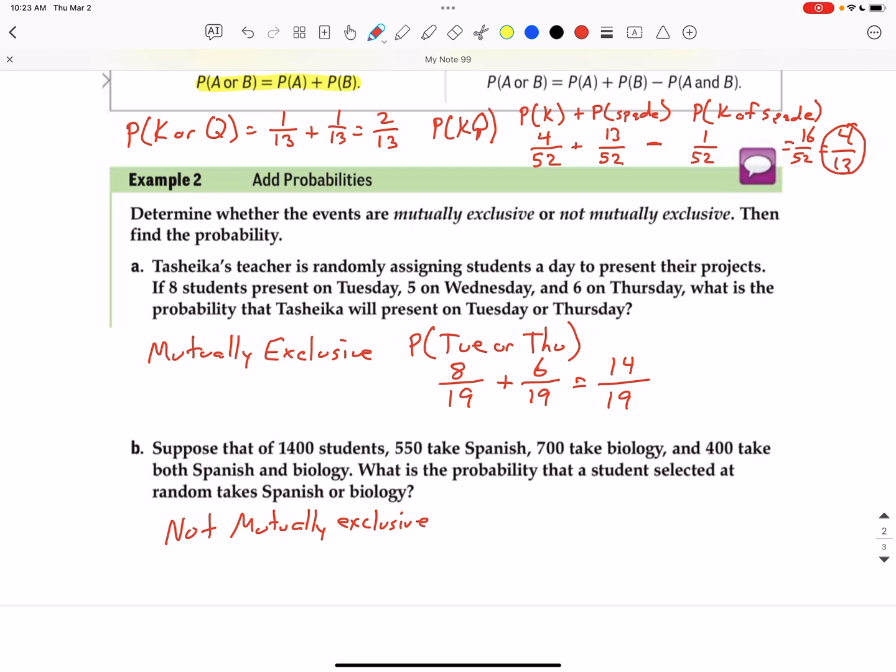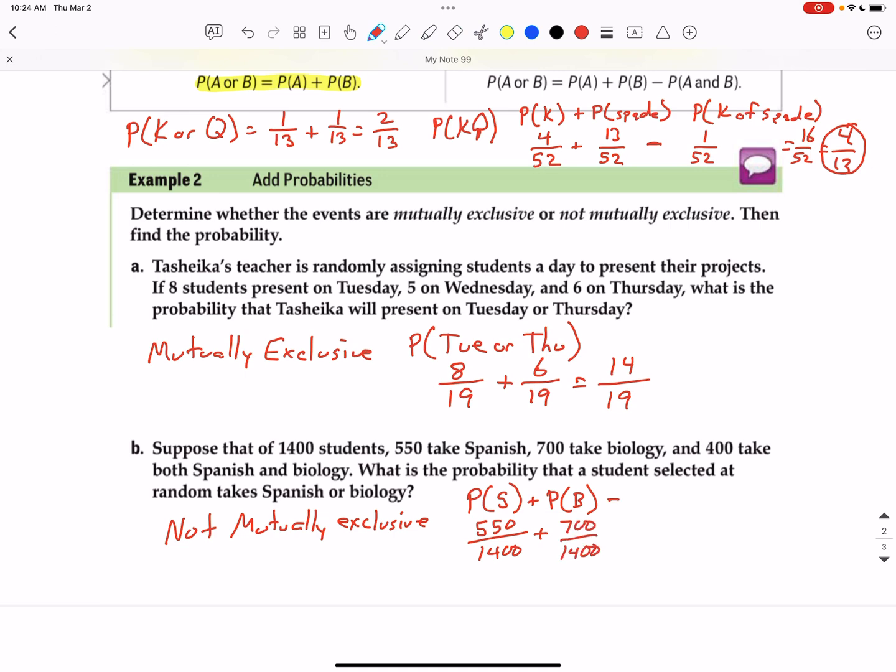So to figure out the probability that somebody chosen is either in Spanish or biology class, we will find the probability that they take Spanish, and that's 550 out of 1,400. We will add to that the probability that somebody takes biology, and that would be 700 out of 1,400.